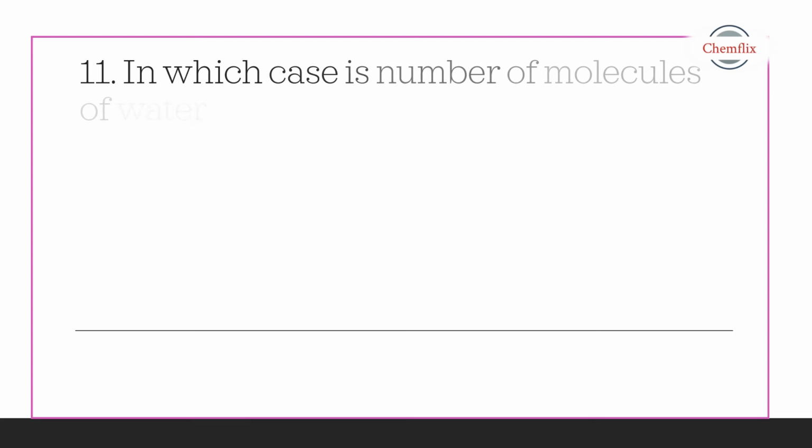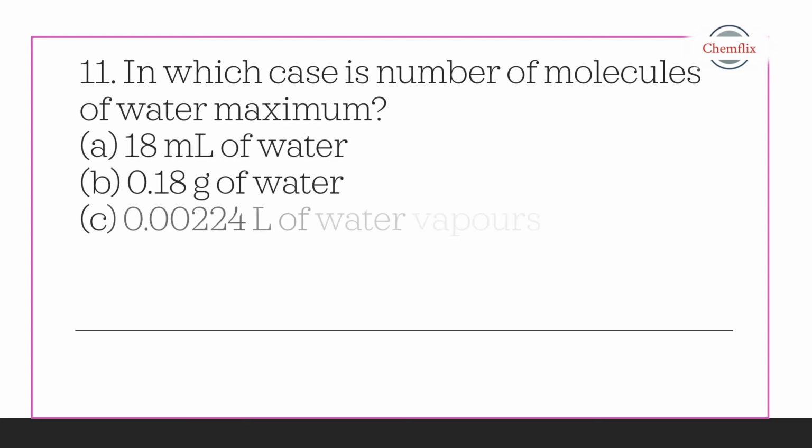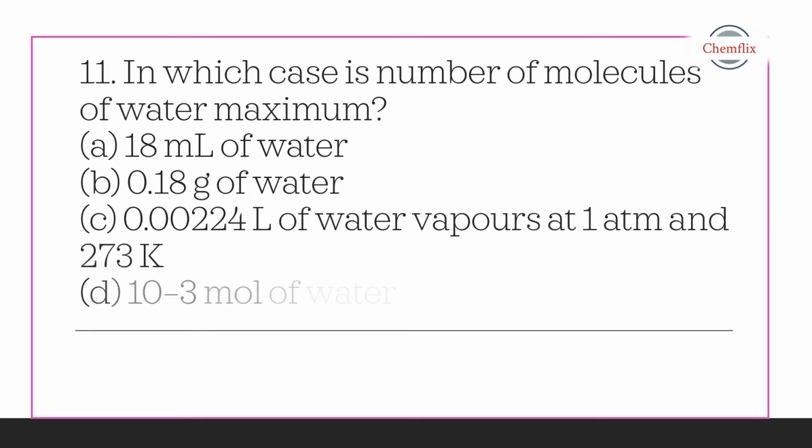Moving to the next question. In which case is the number of molecules of water maximum? 18 ml of water, 0.18 gram of water, 0.00224 liter of water vapors at 1 atm and 273 Kelvin, 10 to the power minus 3 mole of water. So here, how will you find out the mass of water?